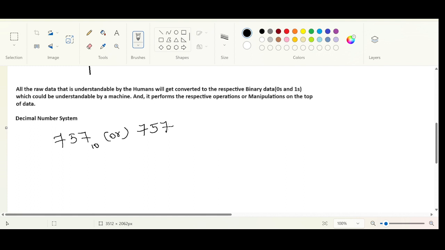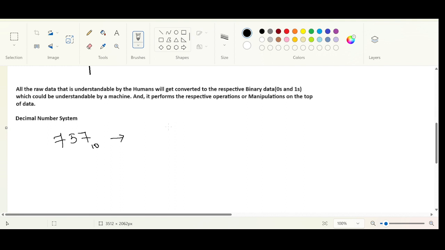But if you want to specify that this number is in the decimal number system, the base 10 is mandatory for specification. Even if you do not include 10, it doesn't really matter, because we humans are designed to understand the decimal number system. So this 757 can be pronounced like this.